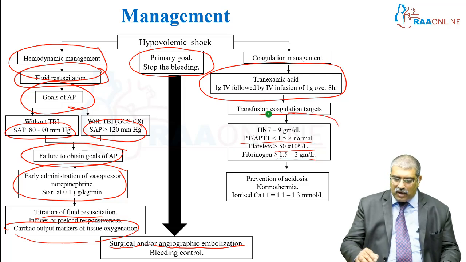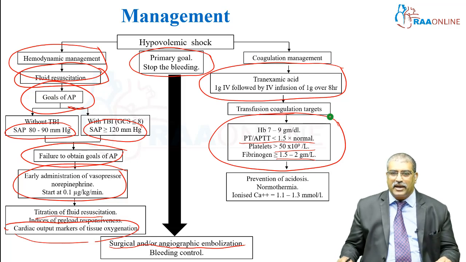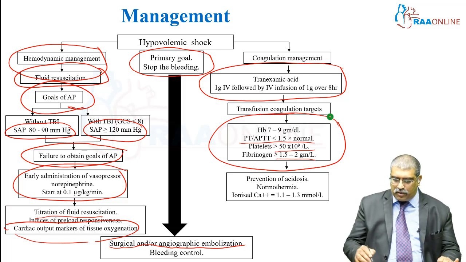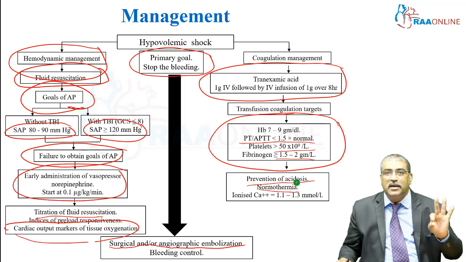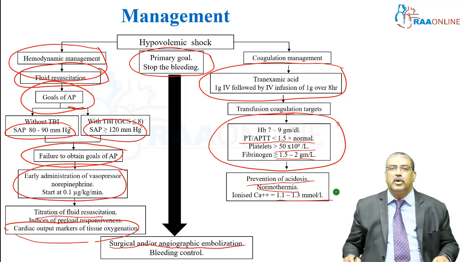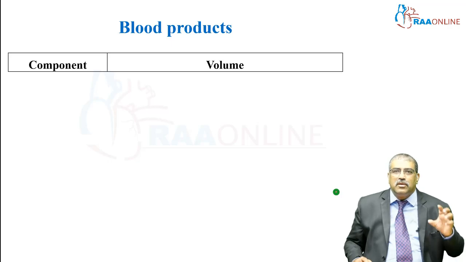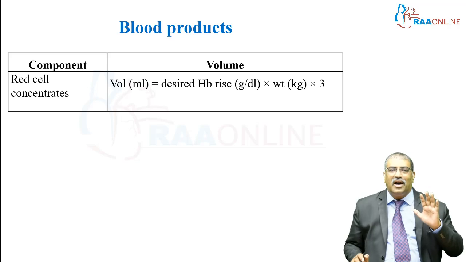And you have to adjust your blood product to maintain this coagulation target and not forget to treat acidosis, maintain normal temperature and give calcium and maintain the ionized calcium at a level of 1.1 to 1.3 millimole per liter.